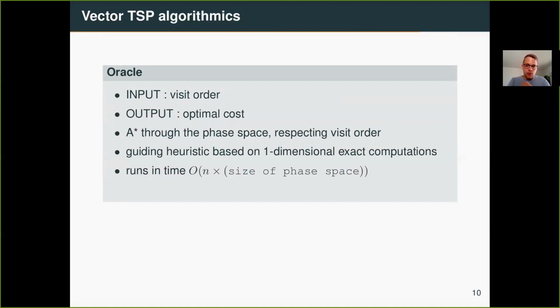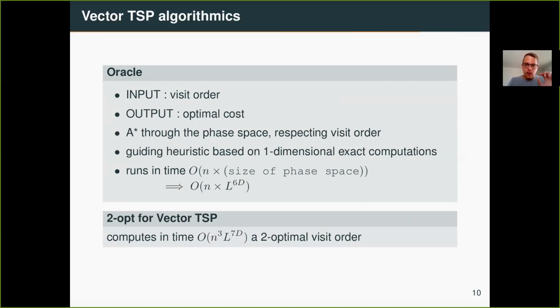This actually runs in time big O of n times the size of the phase space, and the size of the phase space, we already said, is L to the power 6D. Okay, I have to go a bit faster here. So when you plug this into the two-opt, you get a polynomial time algorithm, if you assume D, the number of dimensions, to be fixed, that computes a two-optimal visit order.